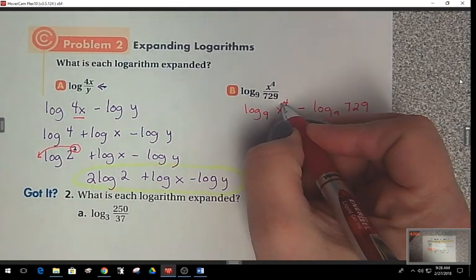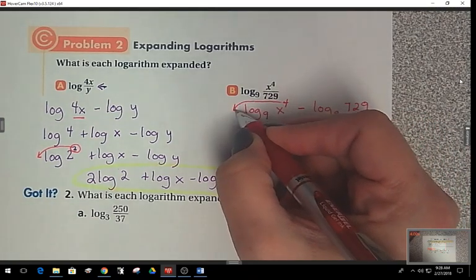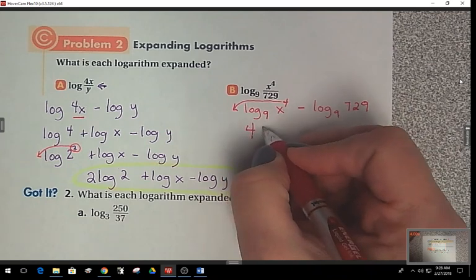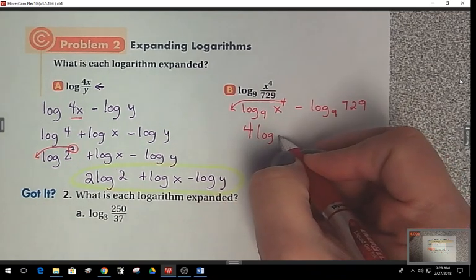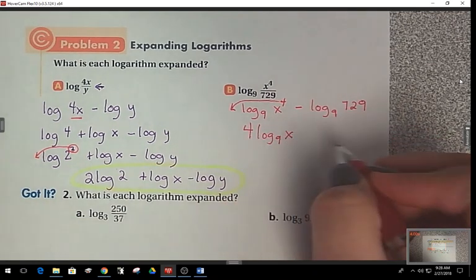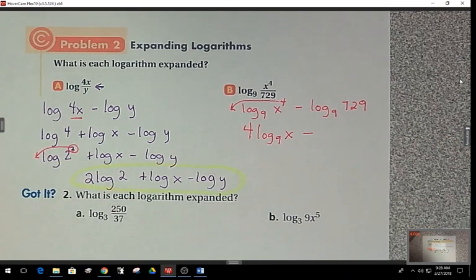All right, so now move your exponent out in front. So that is 4 times the log base 9 of x minus, and now, I believe 729 is the same as 9 to a power. Yeah, it's actually 9 to the third.